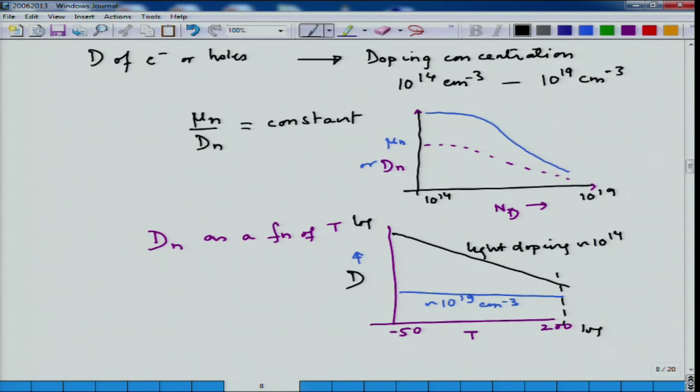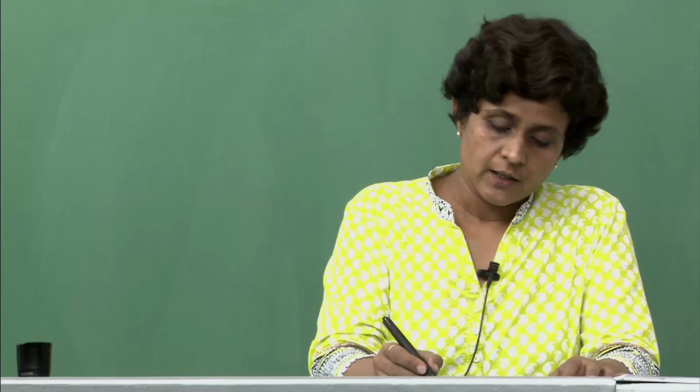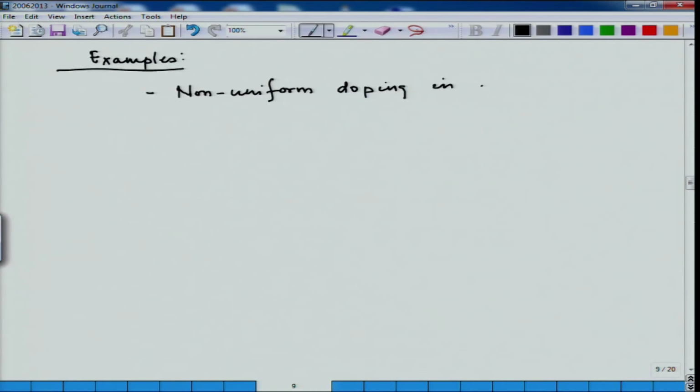Now, proceeding further, let us take some examples of where diffusion is going to be important. One example we have already seen is that diffusion is going to be important when you have non-uniform doping in the material. Then the diffusion will take place.